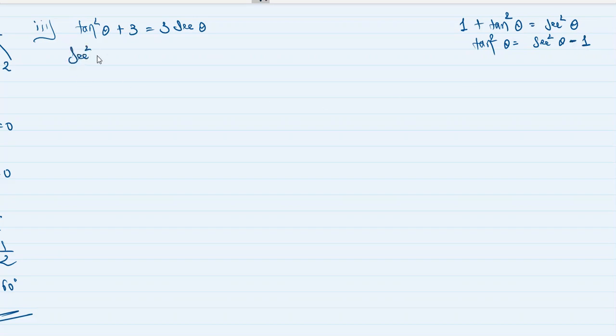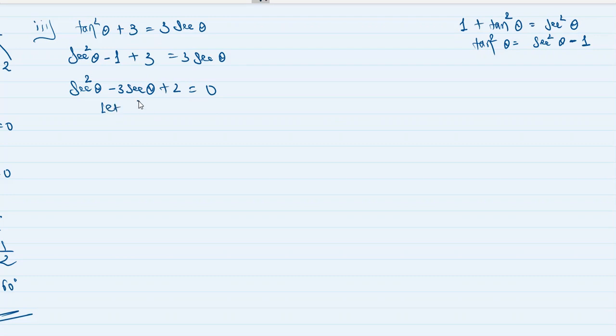So this will be sec square theta minus 1 plus 3 is equal to 3 sec theta. Now let's bring everything on the LHS. So sec square theta minus 3 sec theta, 3 minus 1 is plus 2, is equal to 0.